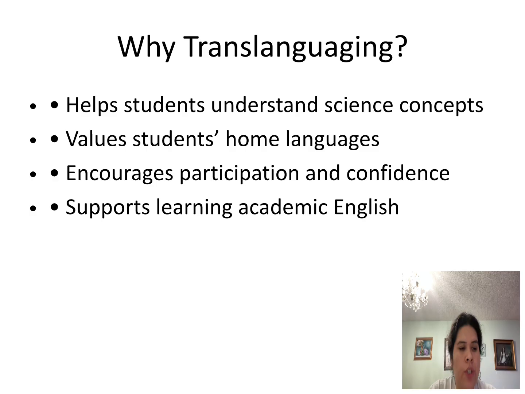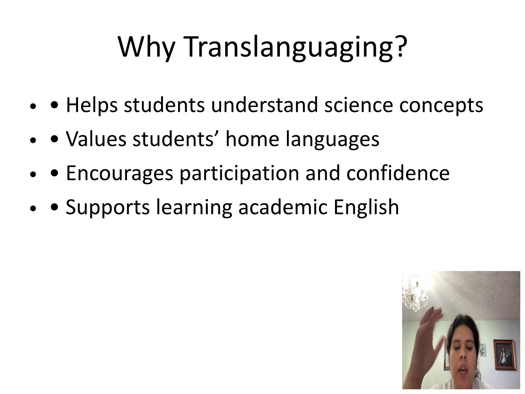Why translanguaging? This is the most fundamental because this helps students better understand what they're learning on a daily basis with their language. When students are allowed to use their home language, for example, Spanish, they're more engaged, more confident, and more willing to participate.